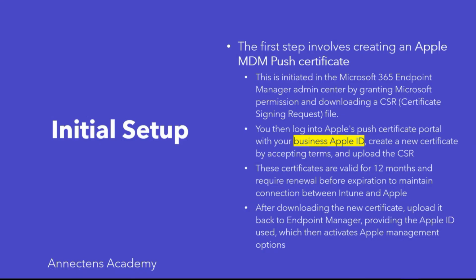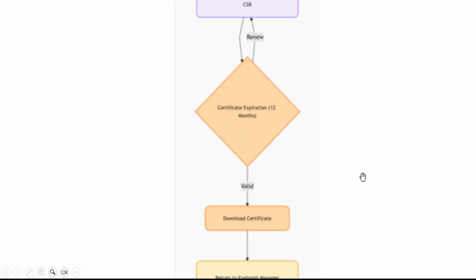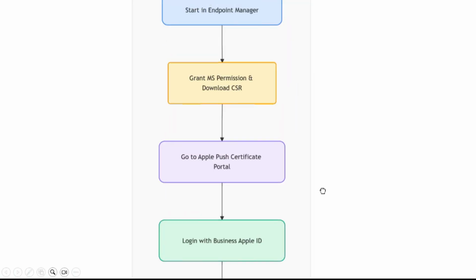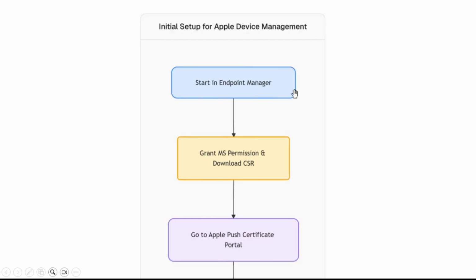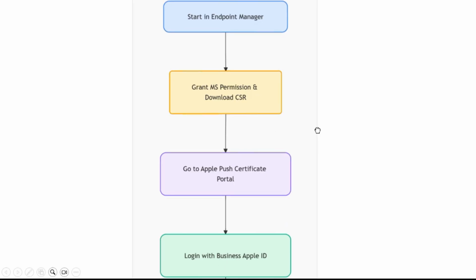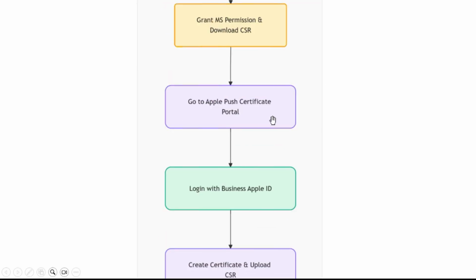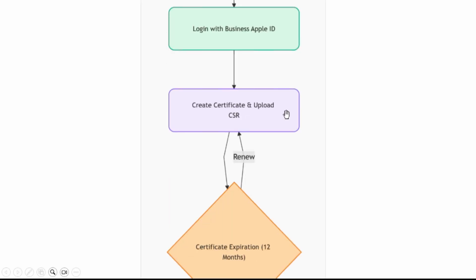Now, that was the initial step. This is the first thing you should be doing. This is how the flow chart will look, what we are talking about. First you log into Intune, grant Microsoft permission and download the certificate. Go to the Apple Push Certificate Portal, log in with your business Apple ID, create a certificate, and upload the certificate.